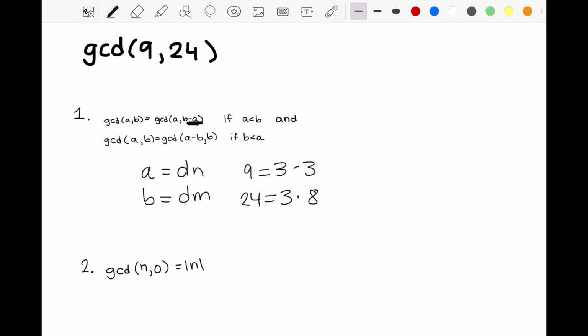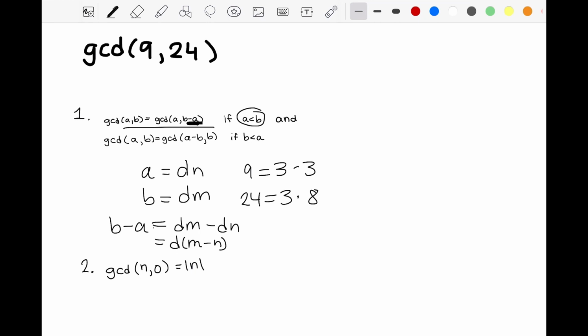Since b is greater than a, 24 is greater than 9, we're going to use this first formula. So b minus a equals dm minus dn. We can factor out this d value, the divisor.